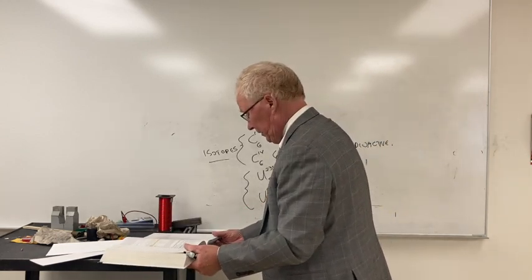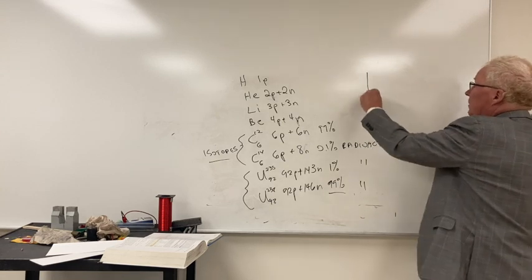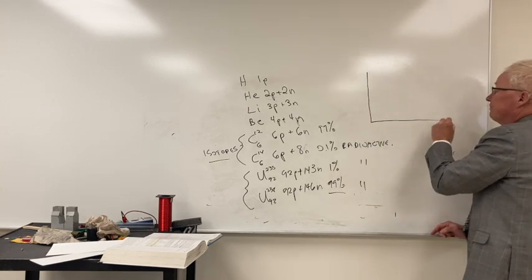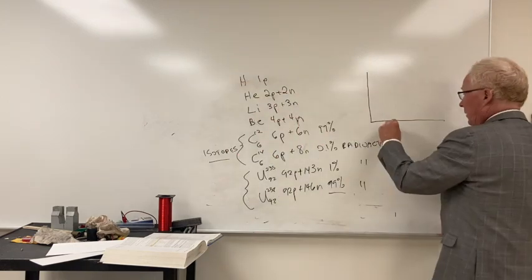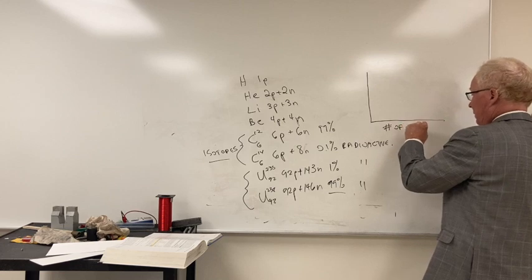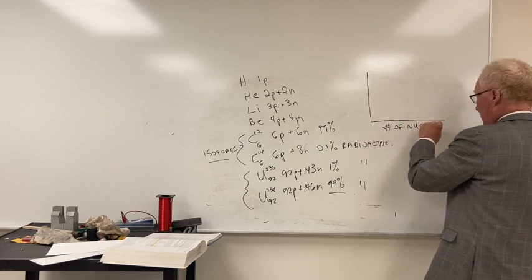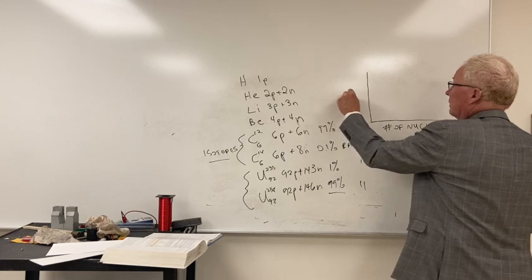there's a chart in the book which shows what we call a number of nucleons and so-called binding energy.